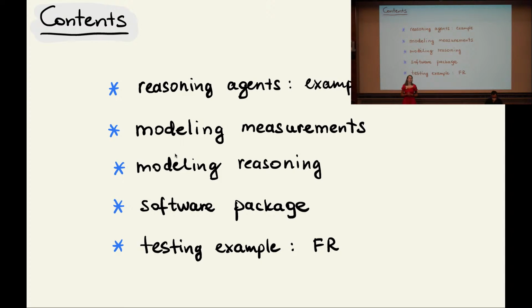Then I'll briefly talk about the structure of the software package that we have, which would allow you to model any setting where quantum agents are reasoning about each other. And then we'll go through the Frauchiger-Renner example, which is also implemented in the software.